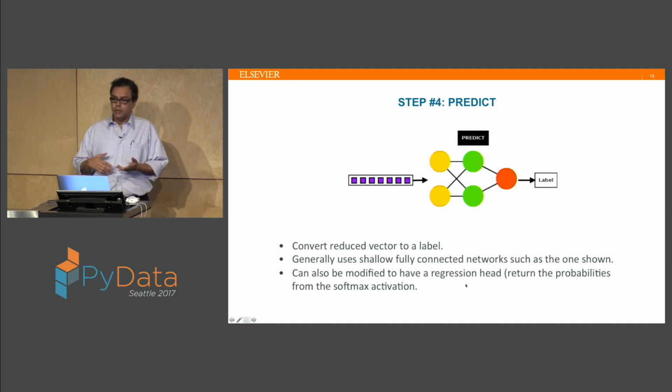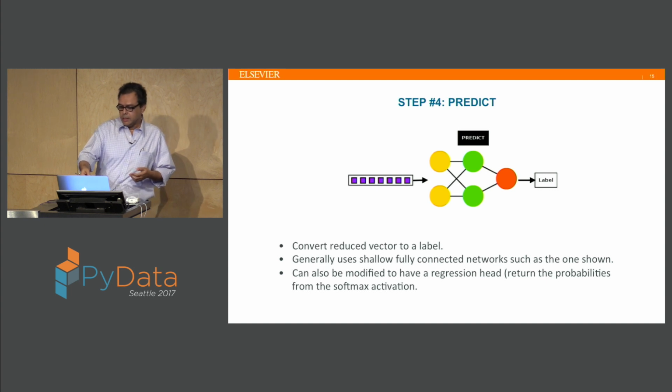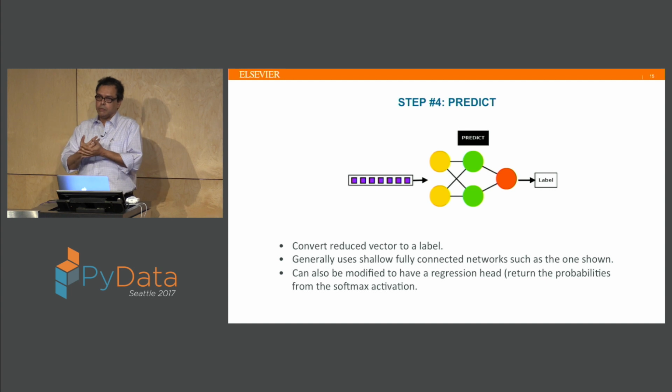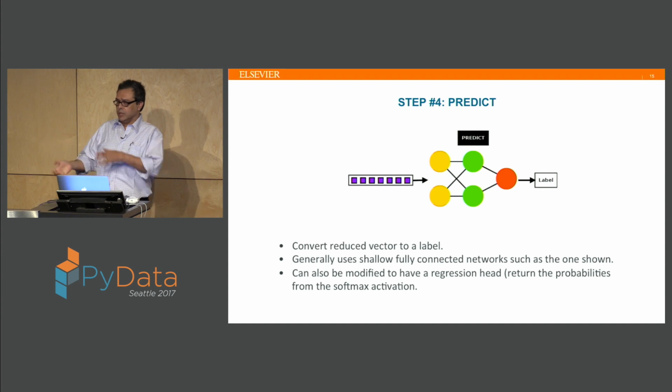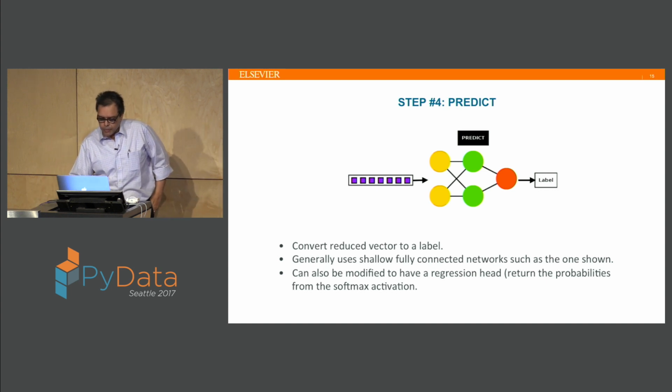If you were looking to do regression, for instance, say you wanted to do ranking of similarity or something like that, you could change the top to instead of doing a softmax. Even if you do a softmax, you just get a bunch of probabilities, right? And when you do classification, you choose the highest probability one. But once you get your bunch of probabilities, you could treat it as regression, just treat it as scores. So you could use it as a regression thing as well.